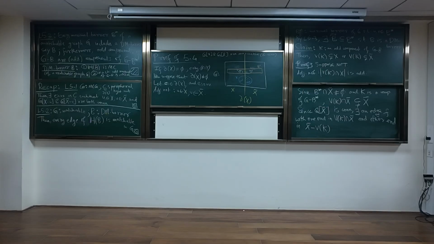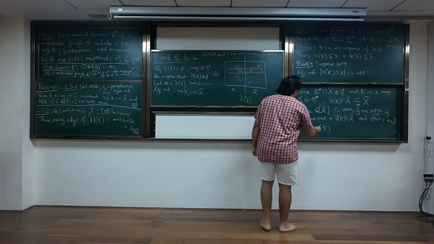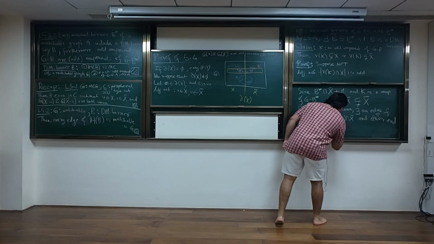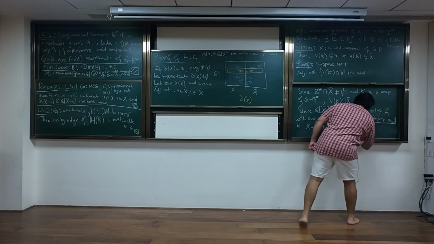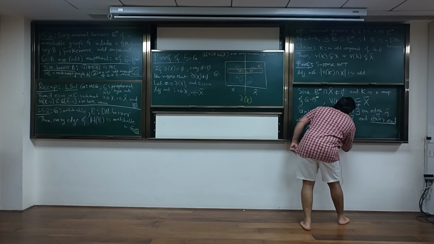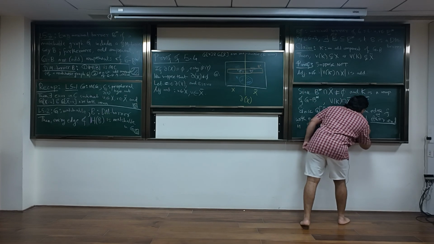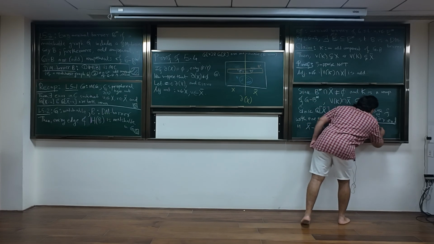So the other end, not only does it belong to B star, it actually belongs to B. This implies that the other end lies in B as well.